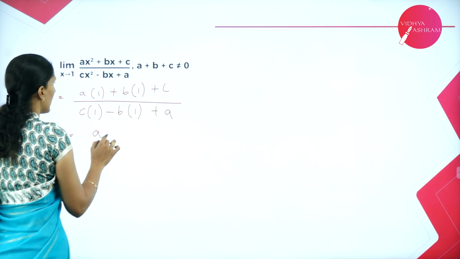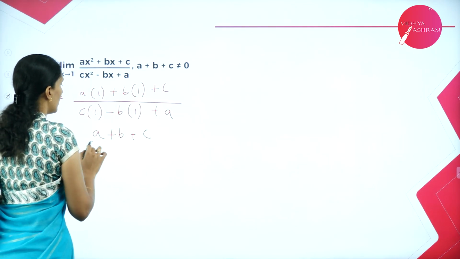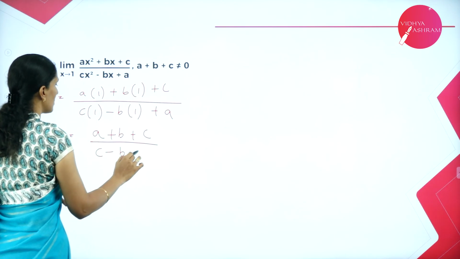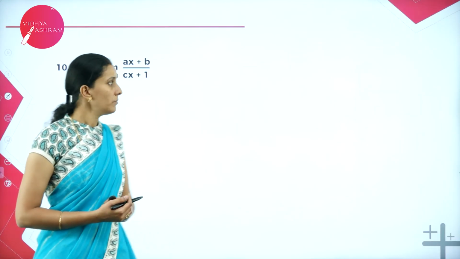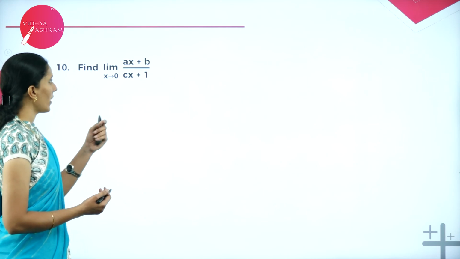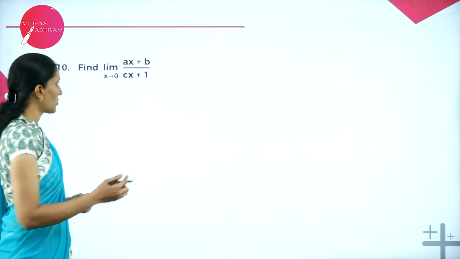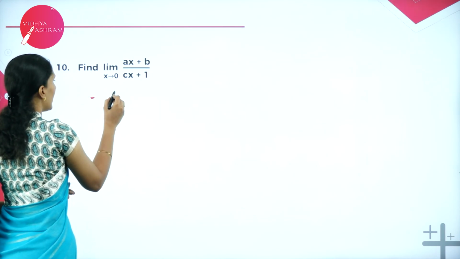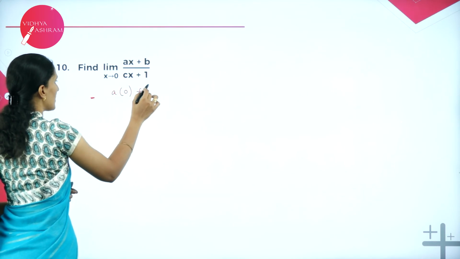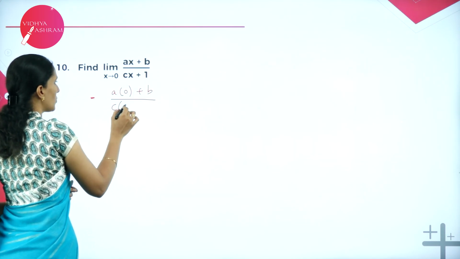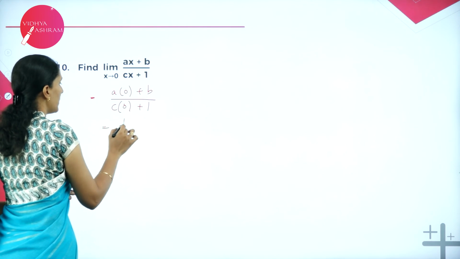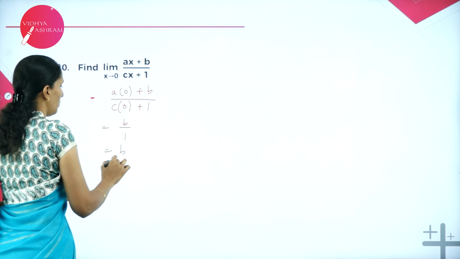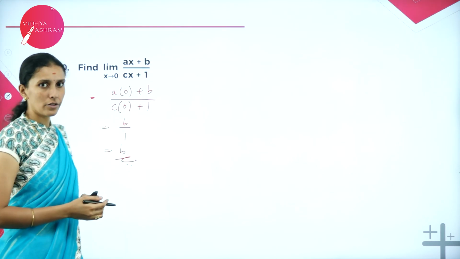So this is a plus b plus c divided by c minus b plus a. Next question, limit as x tends to 0, ax plus b divided by cx plus 1. Apply the limit: a into 0 plus b divided by c into 0 plus 1. So b by 1, which is equal to b. This is the limit of the function given.